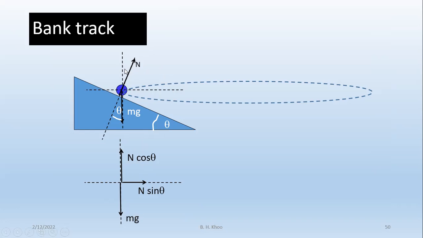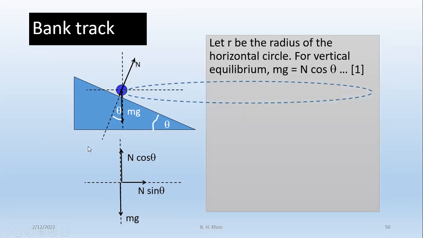This angle is also theta. You must remember this. These two balance each other for no vertical motion, or vertical equilibrium. For horizontal circular motion, centripetal force is provided by this component. That's what we are doing.